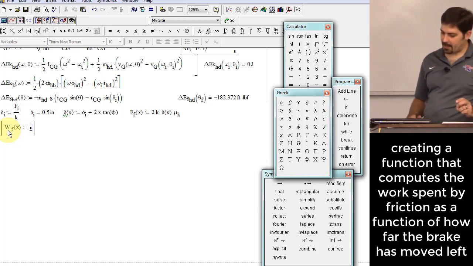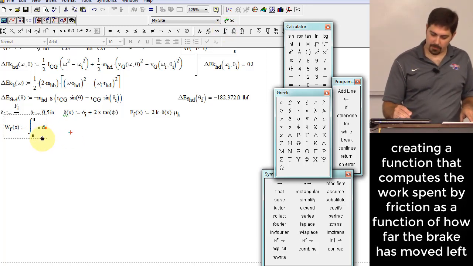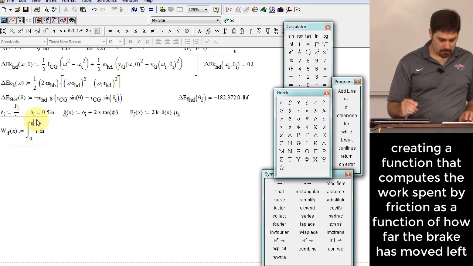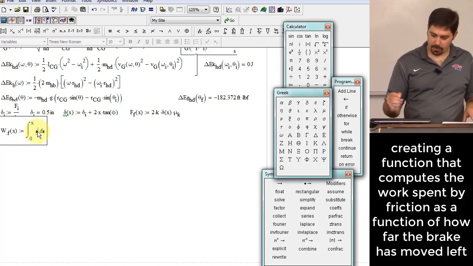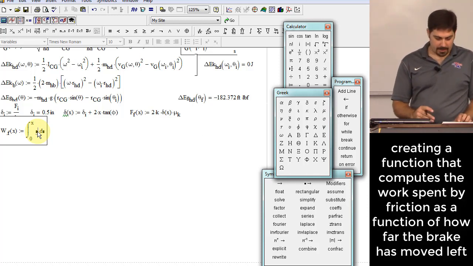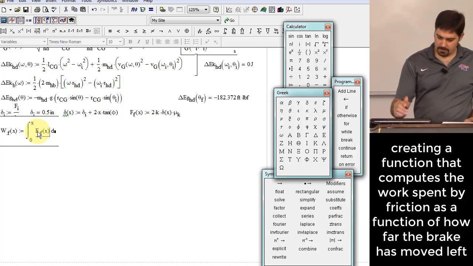And the function for that is the integral. In our case, we're starting out with a 0 x, so we start at 0 and we go to some arbitrary value of x. Here, I'm going to put in f sub f of x dx.